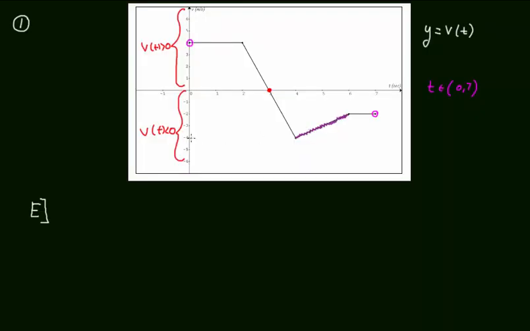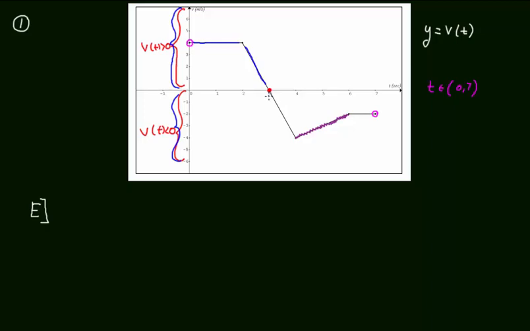If I carefully analyze my graph, let's take a look where velocity is positive, where the particle's moving to the right. Well, here, velocity is not changing, so it's zero acceleration. Here, the acceleration is negative. So nowhere on that interval do velocity and acceleration share the same sign. Let's take a look when velocity is negative.